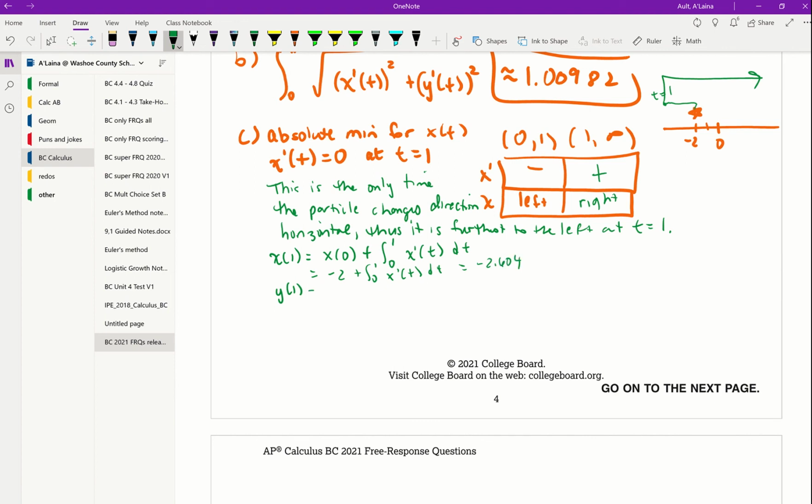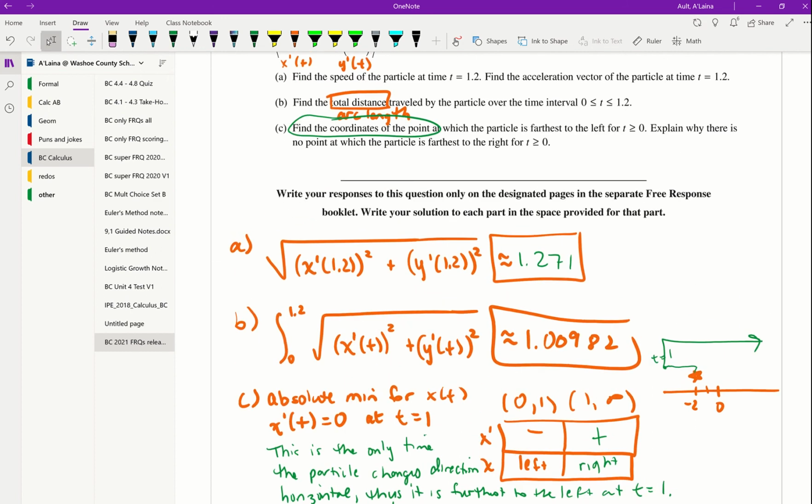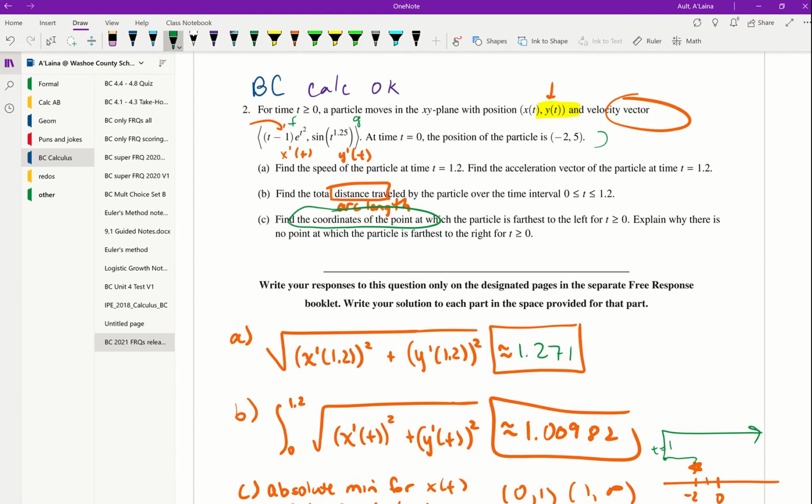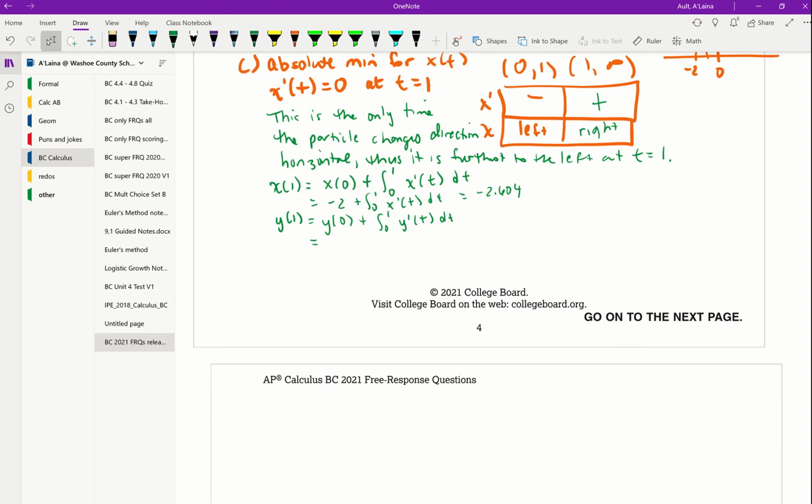And the y component, I'm going to do the same way. I'm going to take y at time 0, and I'm using the accumulation model again from 0 to 1 of y prime of t. So y at time 0 is 5. So this will be 5 plus the definite integral from 0 to 1 of y prime of t dt.